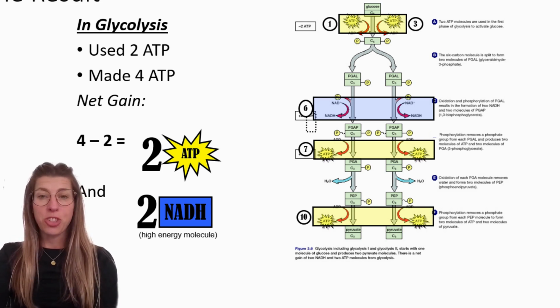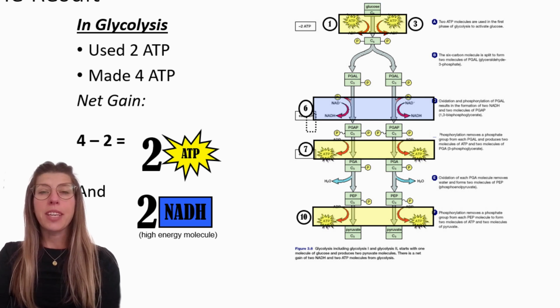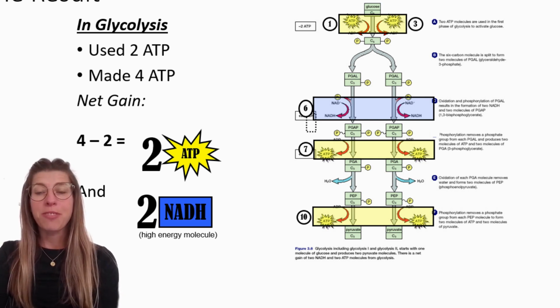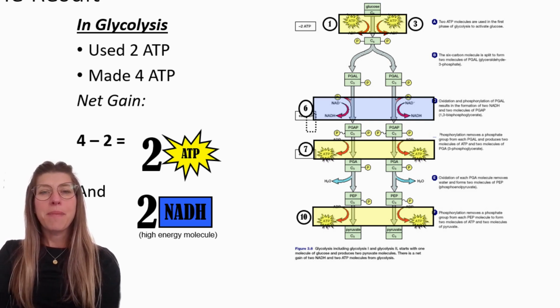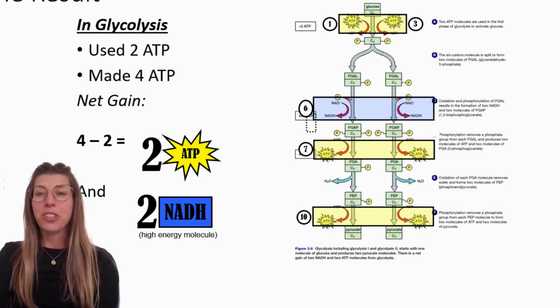And then in stage 2, those 2 G3P molecules can generate through phosphorylation and isomerization and dehydration, eventually 4 ATP. So again, glycolysis 1 uses 2 ATP, glycolysis 2 produces 2 ATP from each G3P molecule, so it ends up being a lump sum of 4. But if we subtract the investment piece from glycolysis 1, 4 minus 2 will give us 2 ATP.